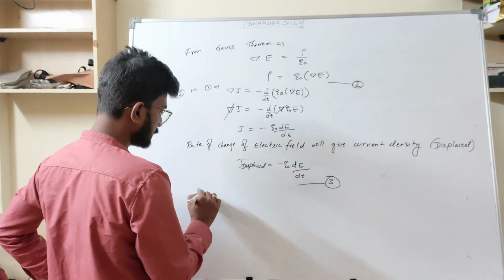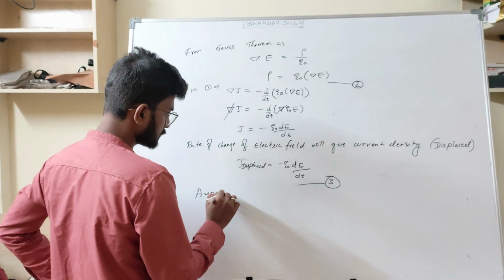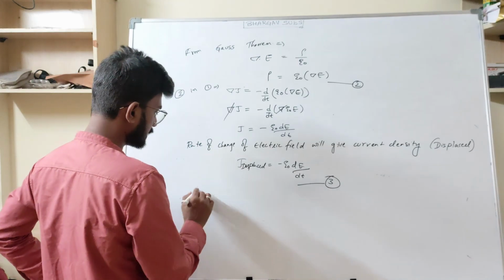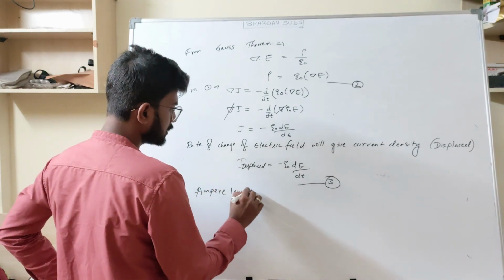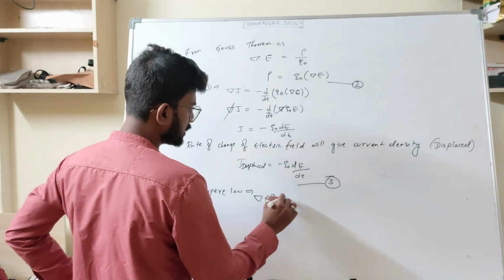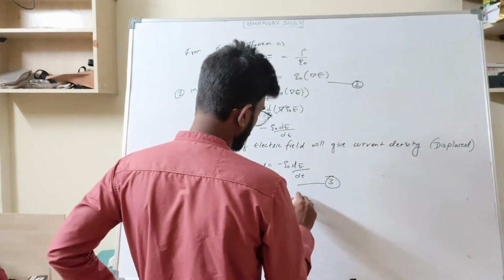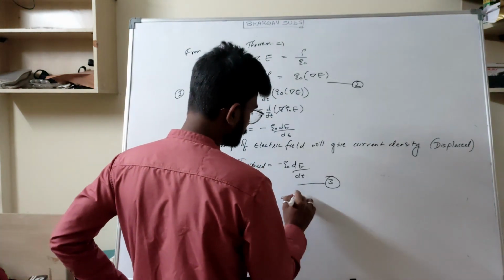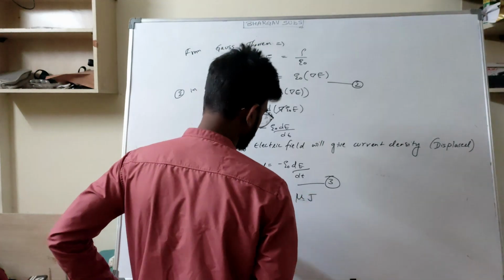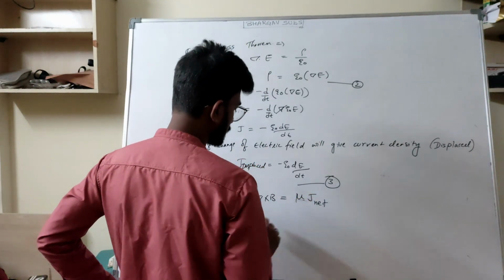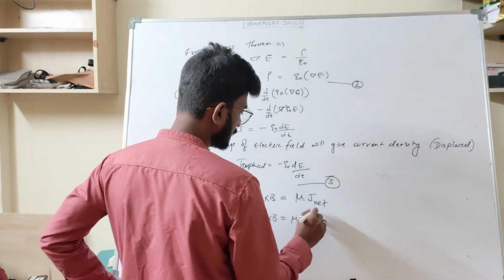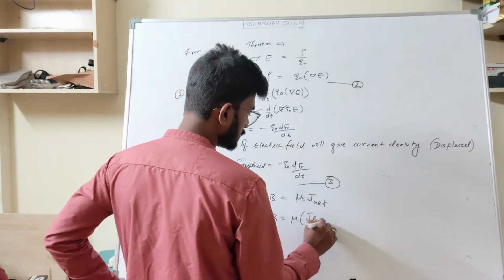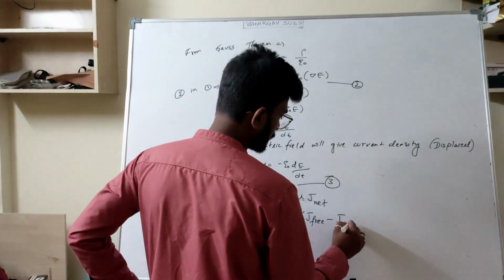Now we have to come to Ampere's law. What was Ampere's law originally? Curl of B is equal to mu times J net, meaning J free minus J displacement.